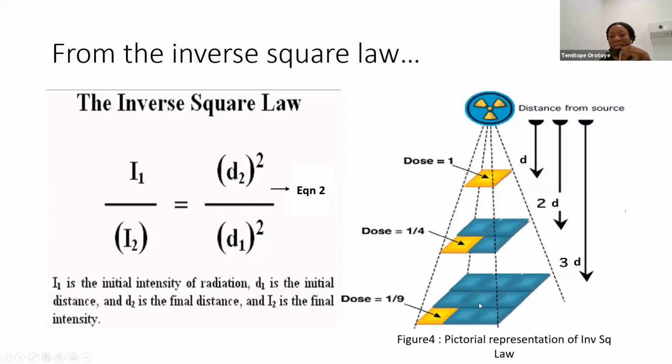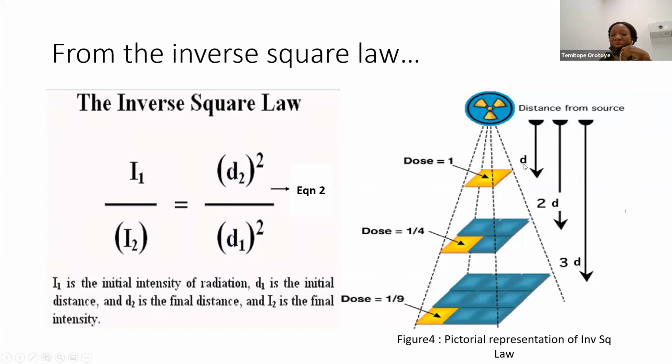Now, looking at this particular image, we have a point source here. This is a radiation point source. As the distance from the source increases, the radiation dose changes. Here, let's assume that it is 1.